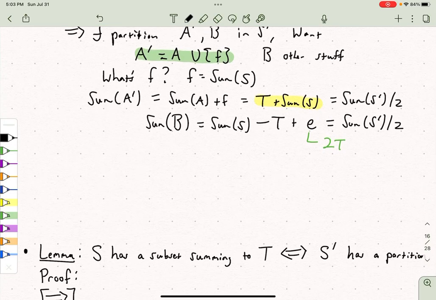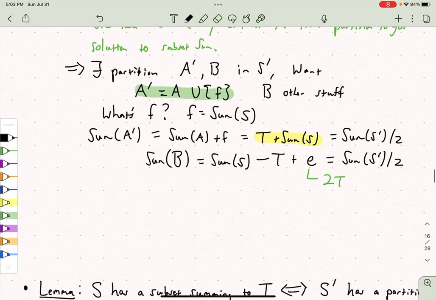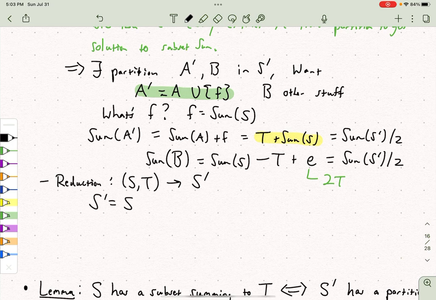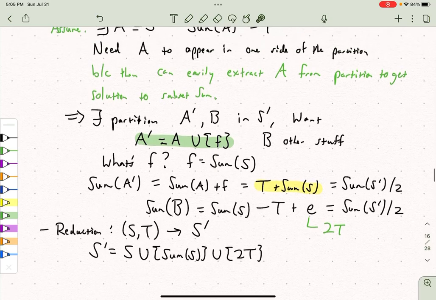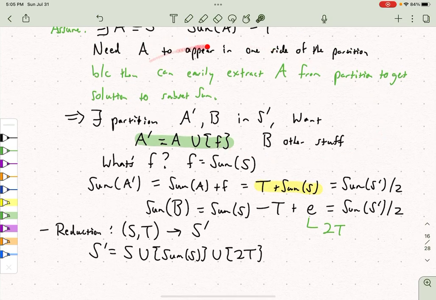So what's the actual reduction we're doing? We're going to make our S, T transform into S prime, where S prime equals all of S plus an extra element F, which we know is just the sum of S, and then plus one other extra element, which is 2T, and that's our E. And so that's how we figure out what S prime should be, by thinking about what the proof's going to look like, and also what the idea behind the algorithm would look like.